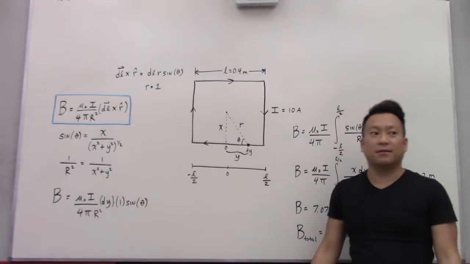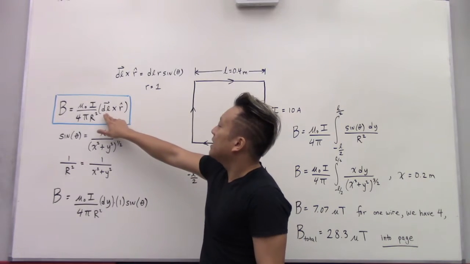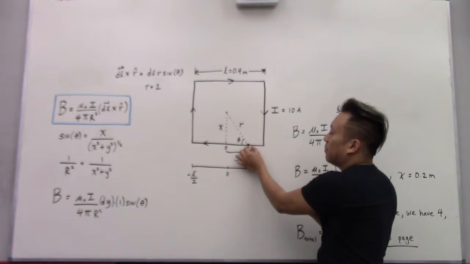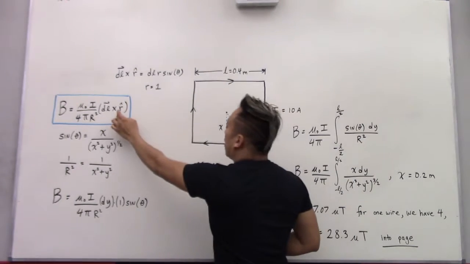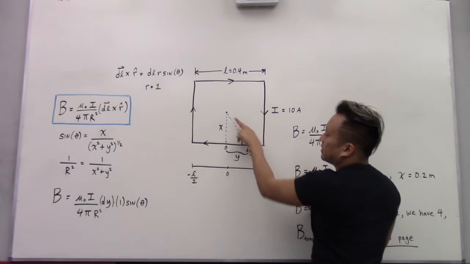Now on to the magnitude. So we're going to go back to this formula here. And this is the cross product. dl, the distance that you're integrating, a piece of that wire, cross r, the r vector is the vector pointing from the piece to the center point.